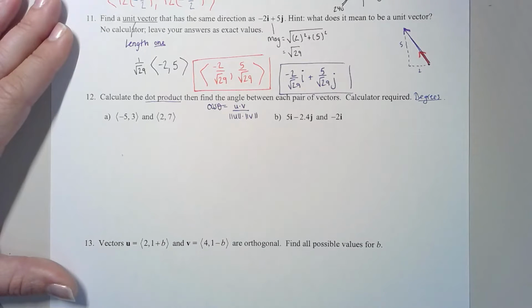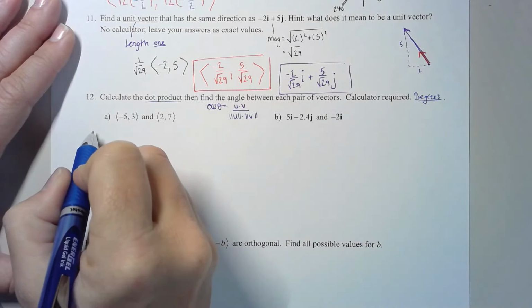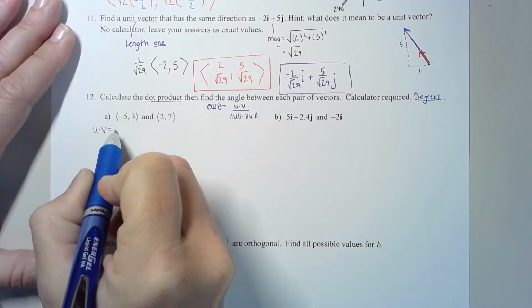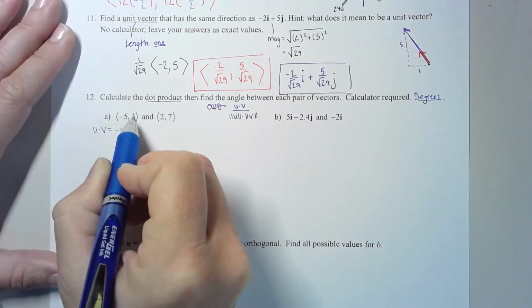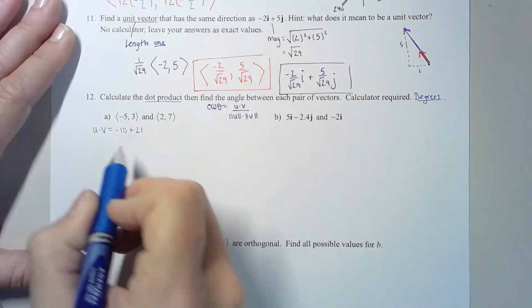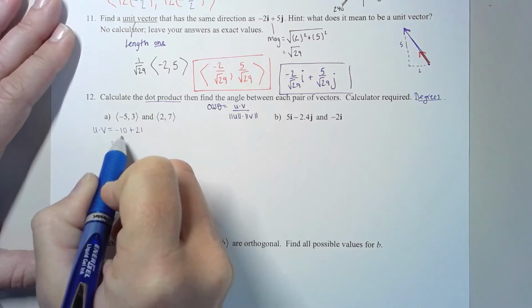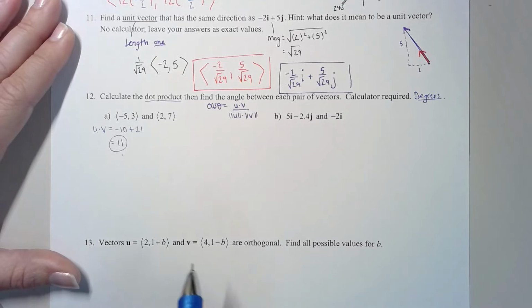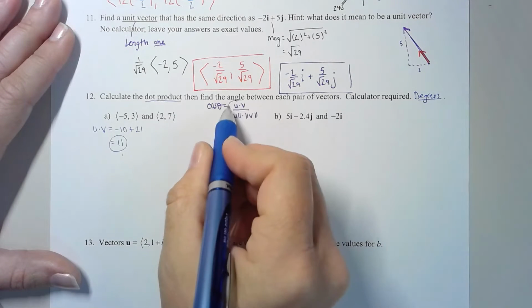That's much better. Okay, so let's start with the dot product, u times v. So -5 times 2 is -10. 3 times 7 is 21. And -10 plus 21 is 11. So there's our dot product. And now we can put that in our numerator, right?